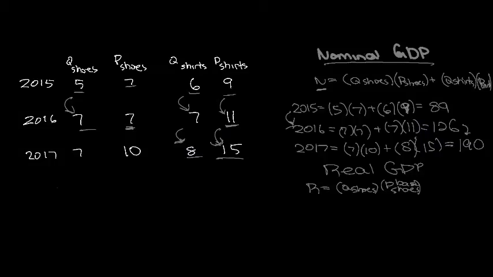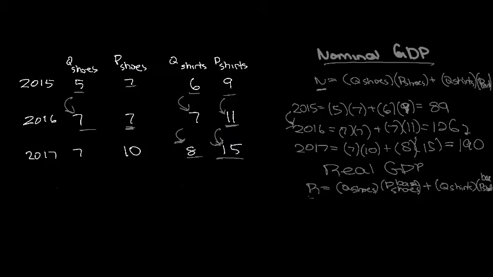However, nominal measures both or either one, quantity or price, because it always uses the current year quantity and price. So back to the equation, plus quantity of shirts of the current year times the price of the shirts of the base year.